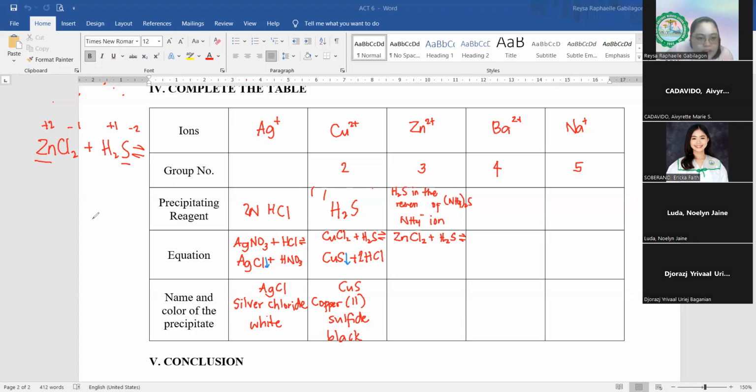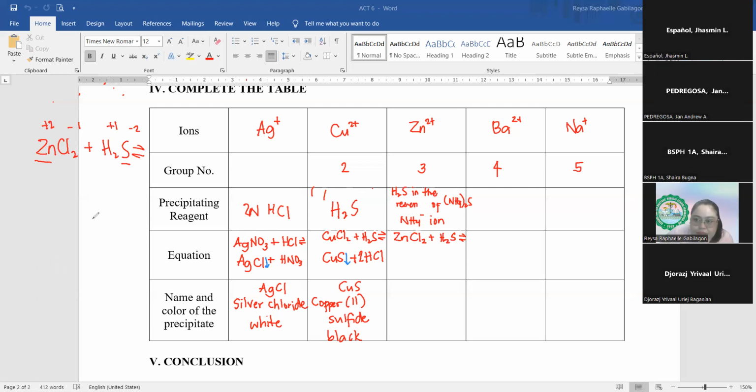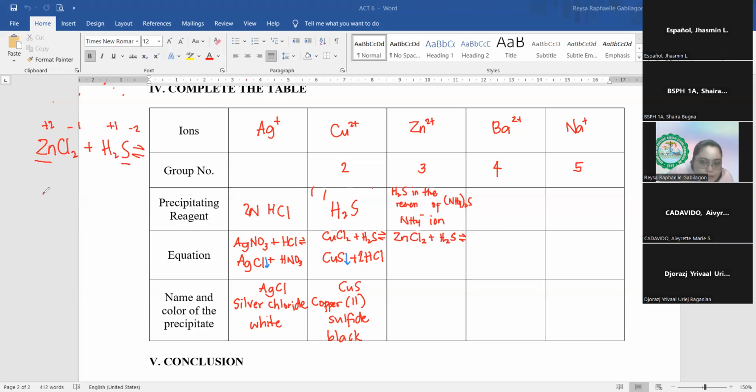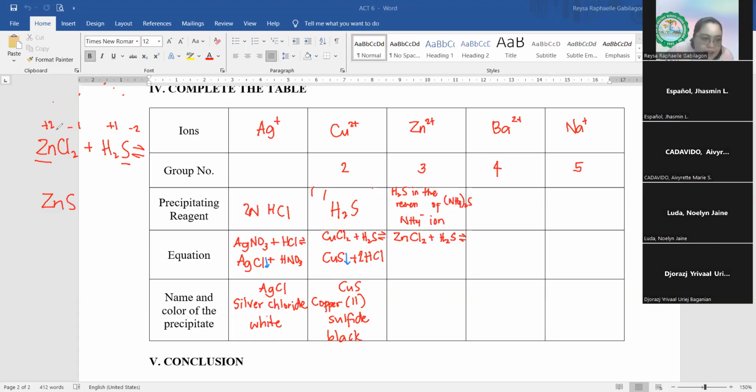So, what is the product of this? Yes, Jasmine? ZnS po. Okay, ZnS. It's just ZnS, it has no subscript. Why? Zinc is +2. Sulfur, or sulfide, is -2. So, +2 plus -2 is equal to 0.